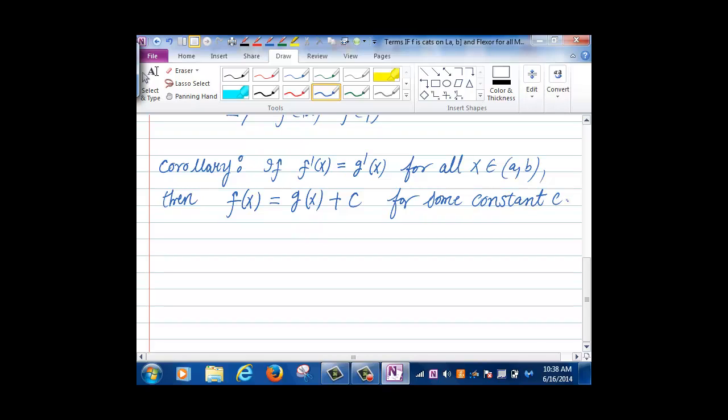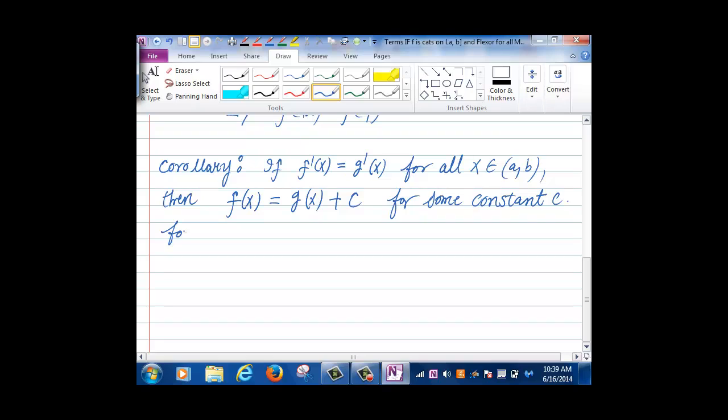c. So what this is saying is that if you have two functions f and g, and they have the same derivative over the interval from a to b, then the two functions differ only by a constant.